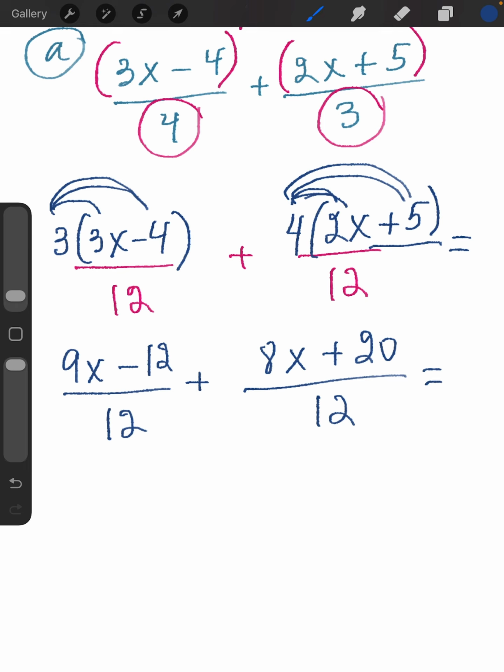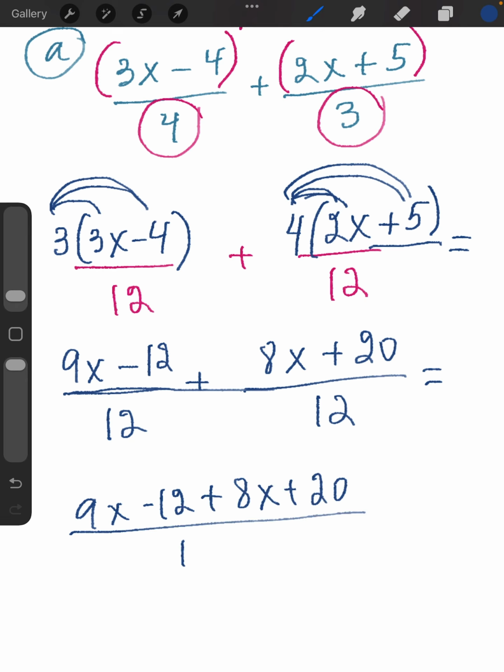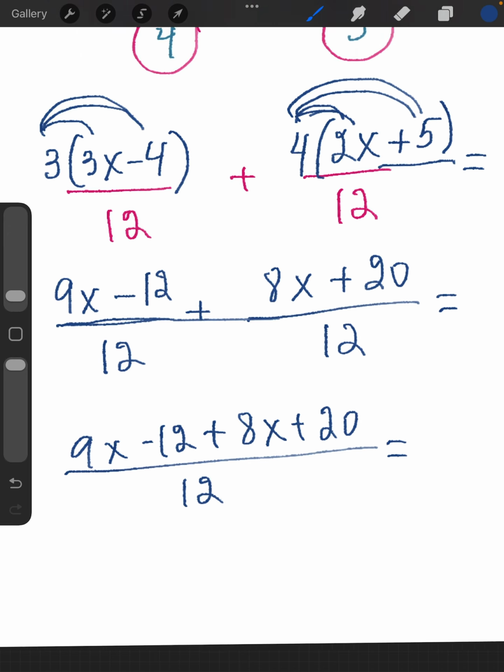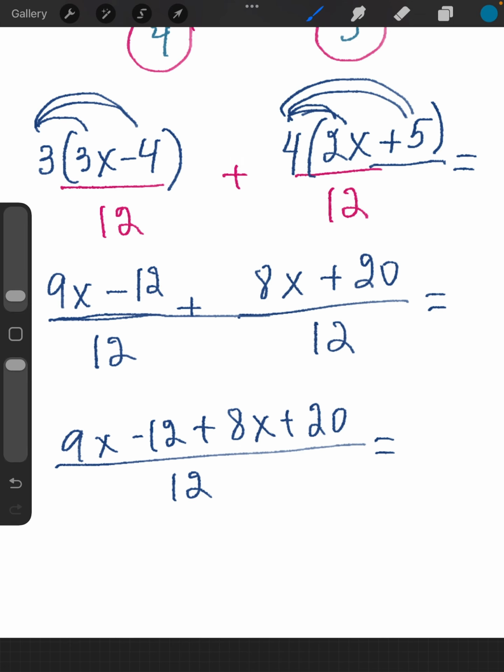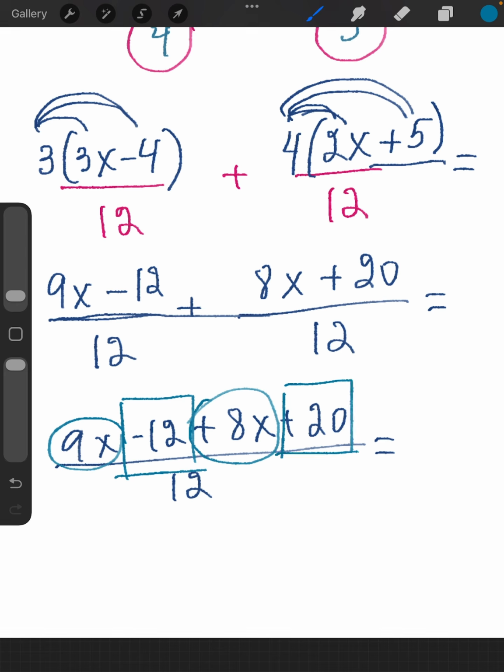And because we have a common denominator here, we can pretty much just solve the expression on top, right? 9x minus 12 plus 8x plus 20 over 12, right? You know what I'm going to say next. I'm going to ask you to put the like terms together. It looks like I'm running out of space. All right, here we go. 9x and 8x, as well as negative 12 and 20.